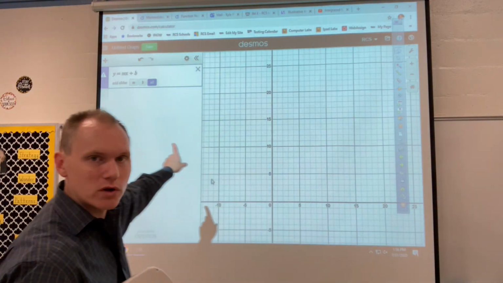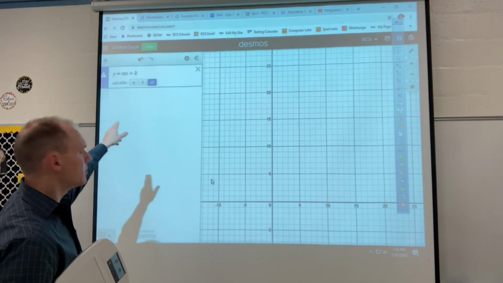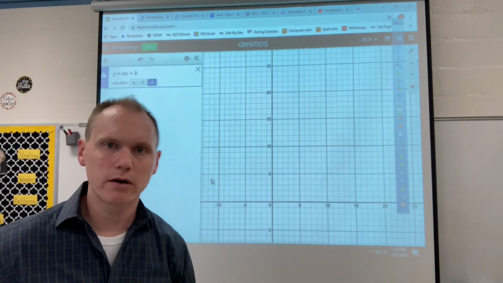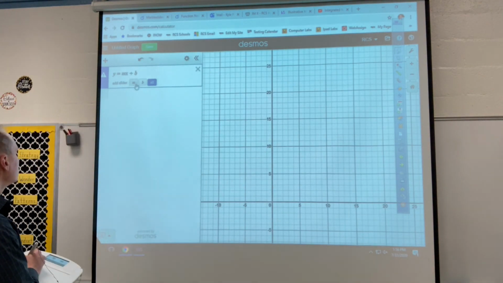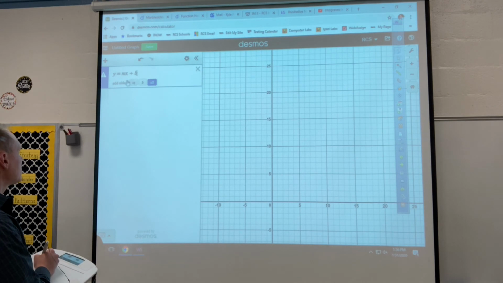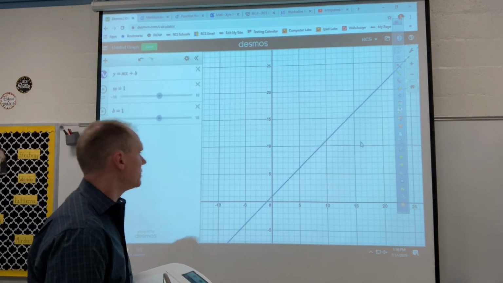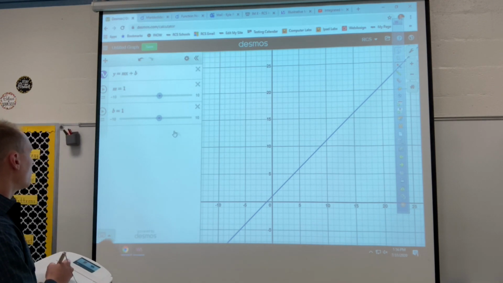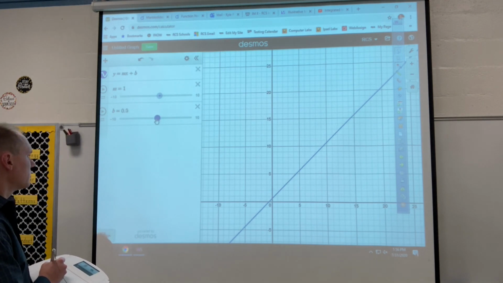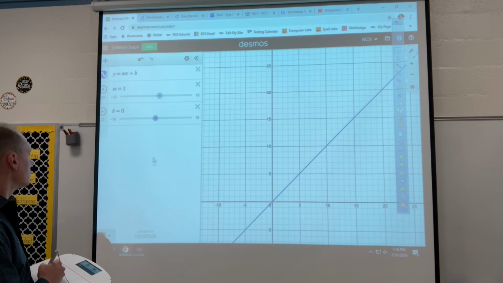And it says, do I want to create a slider for m and b? It knows that x is our variable, but it doesn't recognize m and b. So it says, do you want to add a slider? I'm going to click yes for all. And what's going to happen is it set both of them at 1. I'm going to change b to 0, just to make it 0 there.